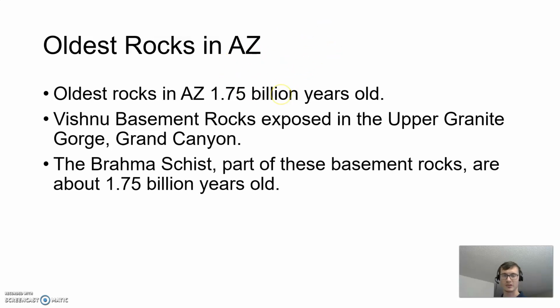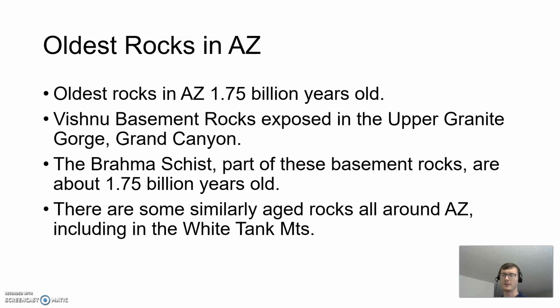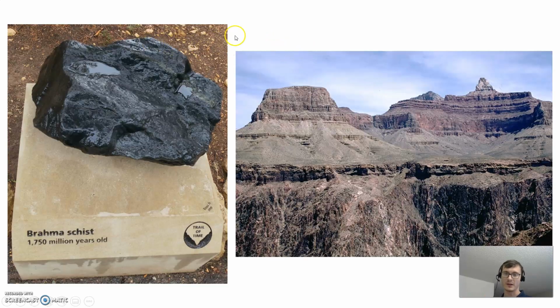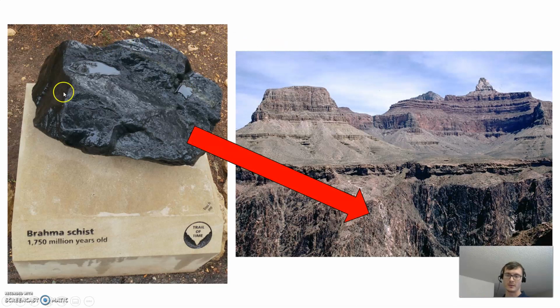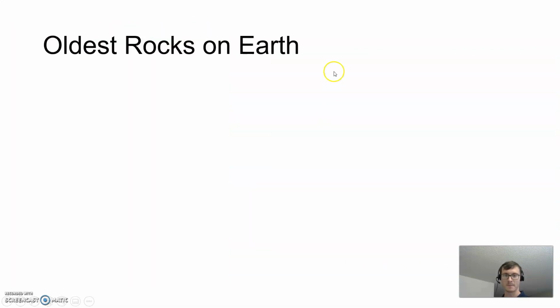We would talk about a subunit of this called the Brahma Schist, which gives us that 1.75 billion year old figure. And there are some other rocks in Arizona which are almost this old, all around Arizona actually, and some specifically in the White Tank Mountains. You can see this Brahma Schist, this material right here is what we're looking at down here at the bottom of the canyon where the oldest rocks are found.